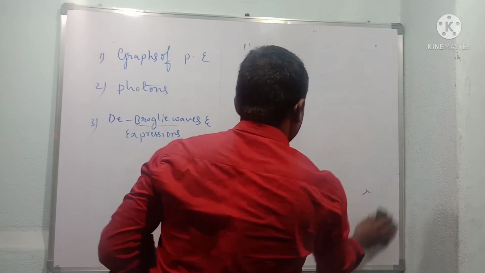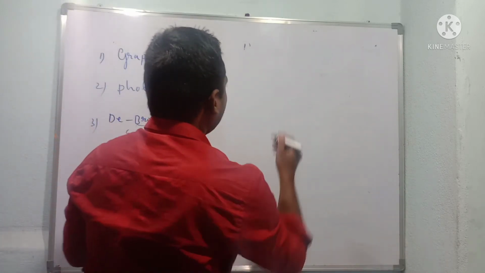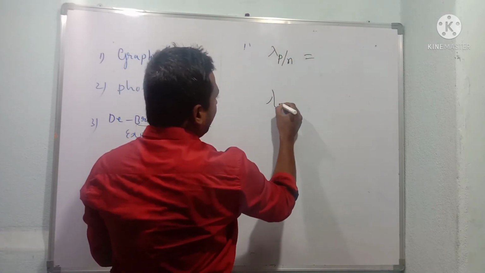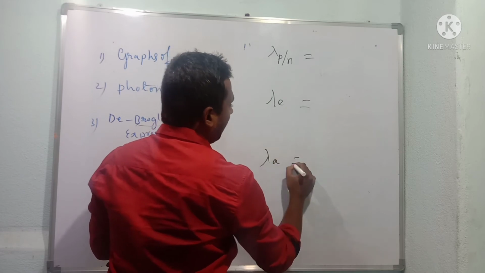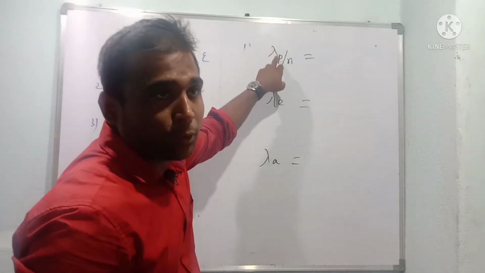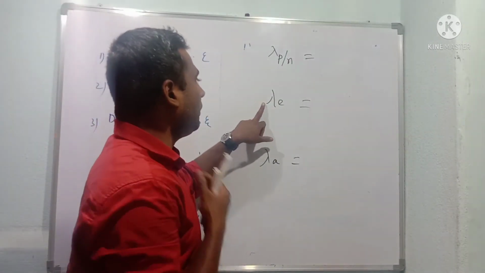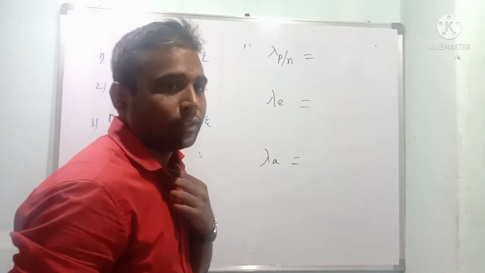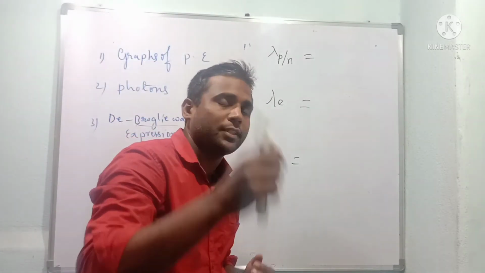Lambda for protons or neutrons, lambda for electrons, lambda for alpha particles: the de Broglie wavelength for protons and neutrons, for electrons, and for alpha particles. Dear students, very important thing.